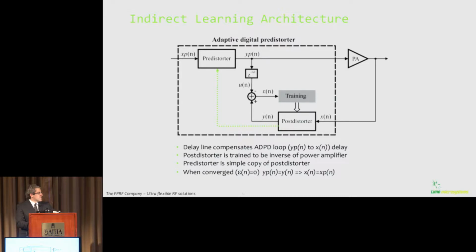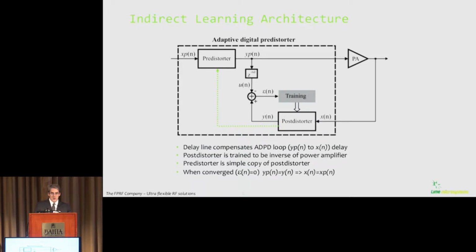So the structure is composed of 2 main blocks, as can be seen on the figure, predistorter and postdistorter block. The predistorter simply drives the power amplifier, and the postdistorter is trained to be the inverse function of the power amplifier. The predistorter is a simple copy of the postdistorter block.